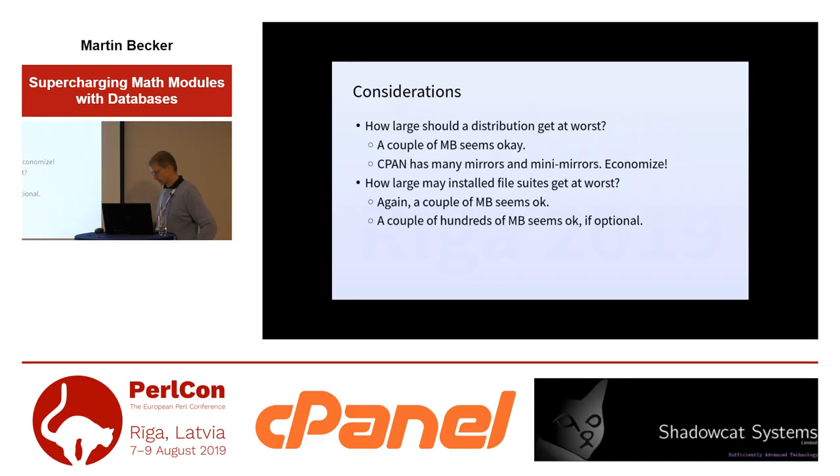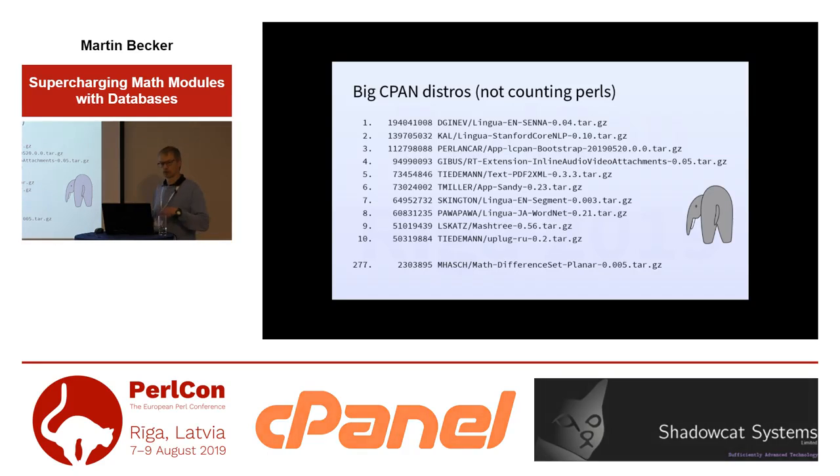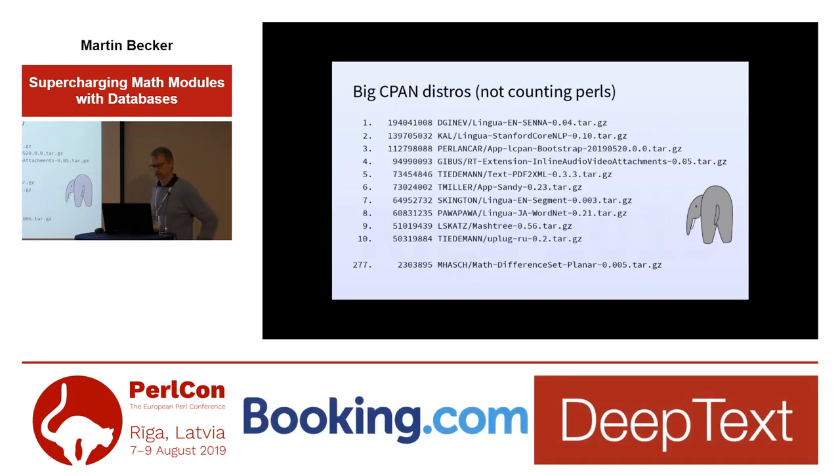And a look at some existing distributions on CPAN, not counting Perl's own. The Perl distribution ought to be a bit large-ish. It shows that I didn't make the top 10, but rank 277 in size with my module.